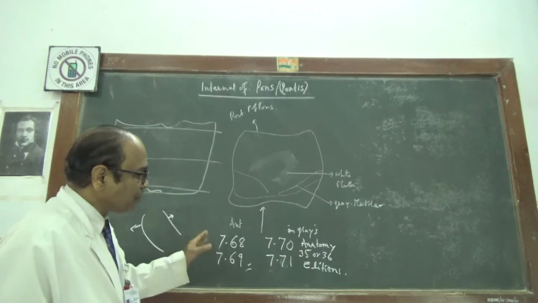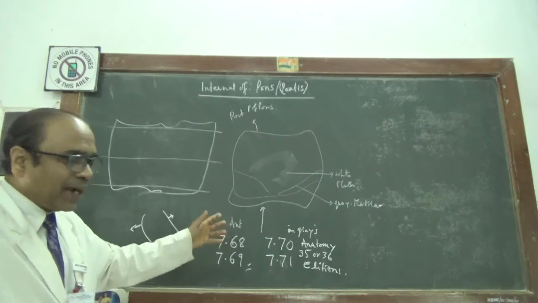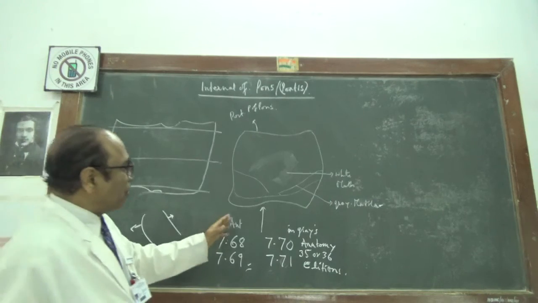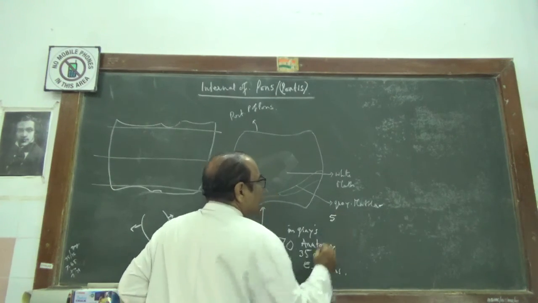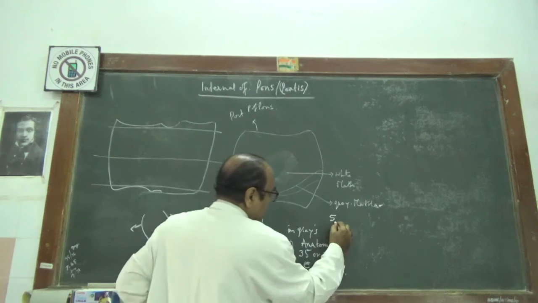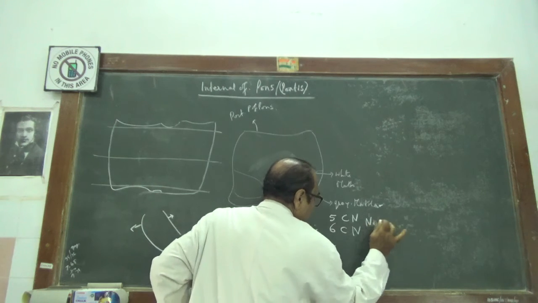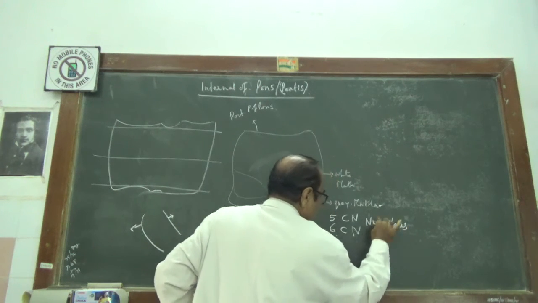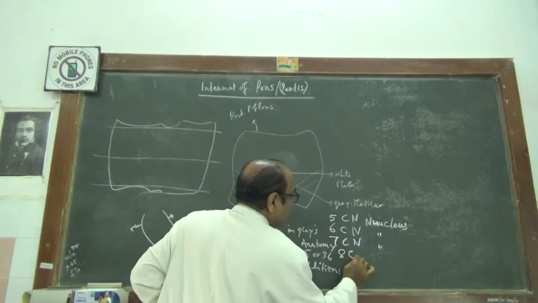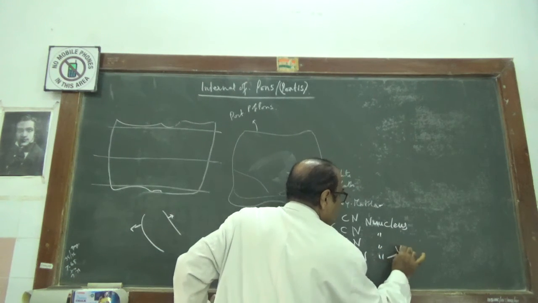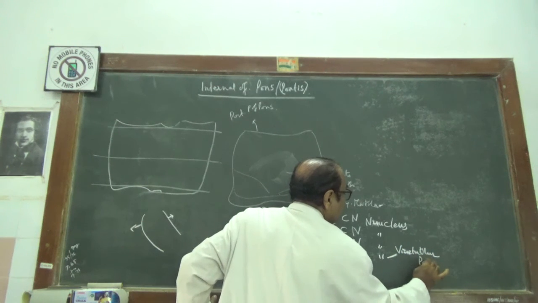For that you should refer to this, and after having had that, now in short, what you will observe in these cut sections is the fifth cranial nerve nucleus, the sixth cranial nerve nucleus, the seventh cranial nerve nucleus, and the eighth cranial nerve nucleus, especially the vestibular part and the cochlear part.